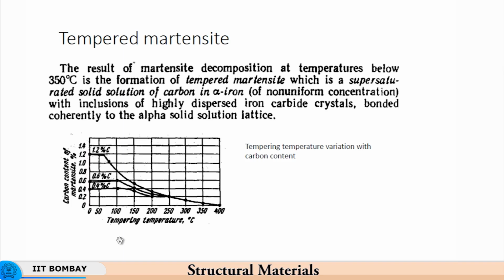For large percentages of carbon, you need a relatively lower tempering temperature. And as the carbon goes out, as tempering proceeds, you get toughness because of the formation of alpha iron.